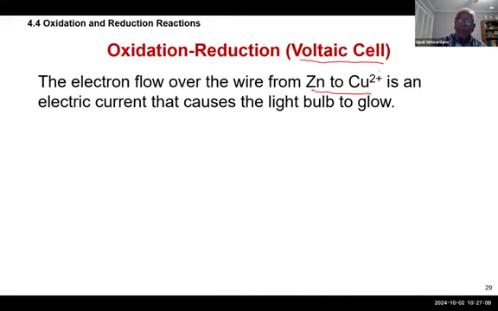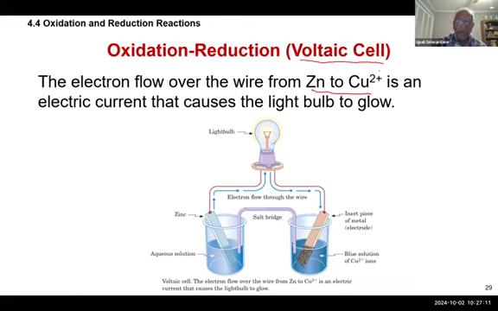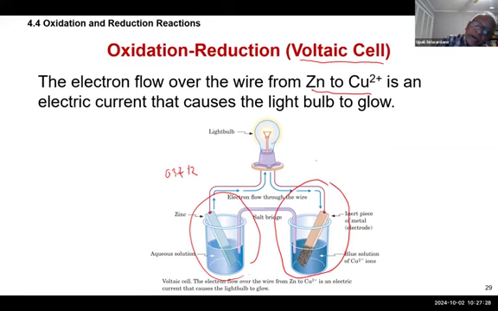That's zinc to copper. These are the two solutions. That's the oxidation half reaction. This is the reduction half reaction.